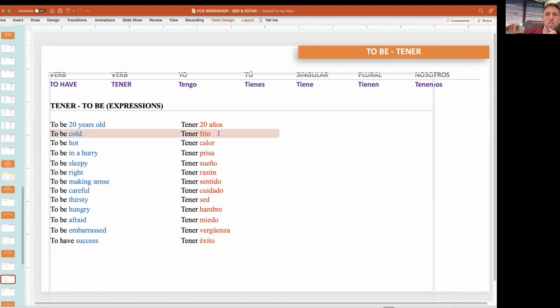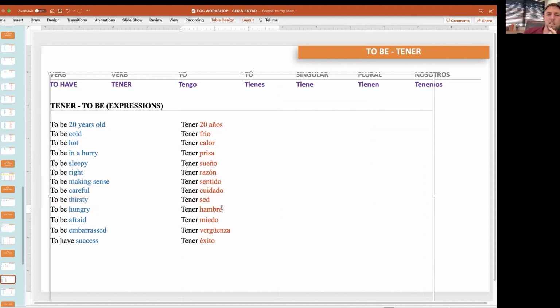I am cold, yo tengo frío. I am hot, yo tengo calor. I am in a hurry, yo tengo prisa. I am sleepy, yo tengo sueño. I am right, yo tengo razón. I am making sense, yo tengo sentido. I am careful, yo tengo cuidado. I'm thirsty, yo tengo sed.